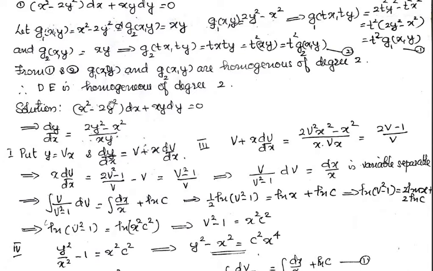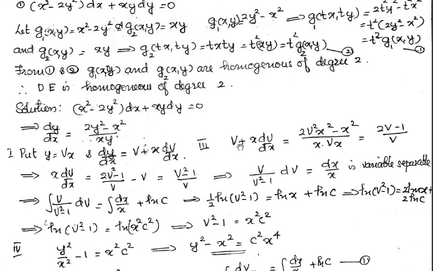Solution: I write like this, dy by dx is equal to 2y square minus x square by xy. So step 1, put y equal to vx and dy by dx is v plus x dv by dx, and give the substitution to this equation.